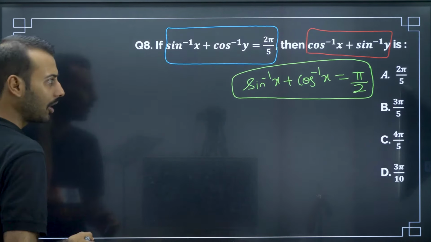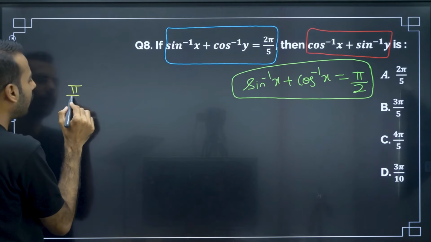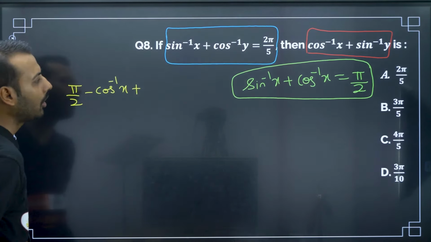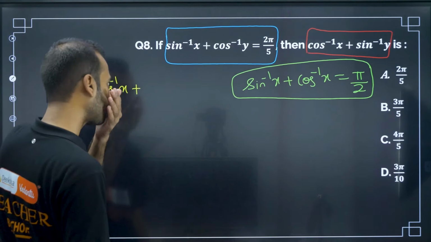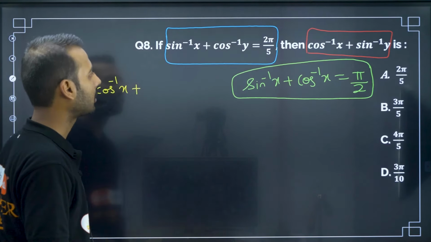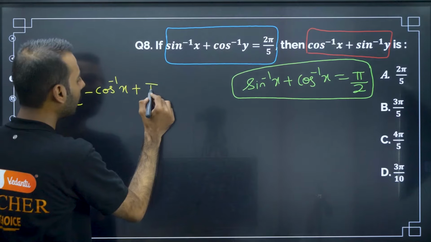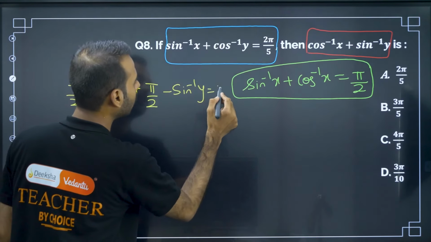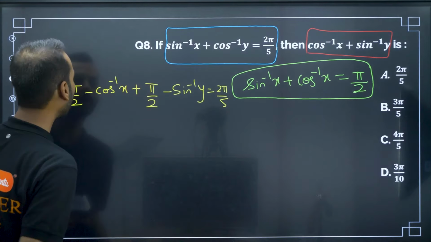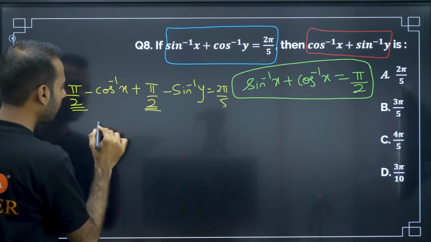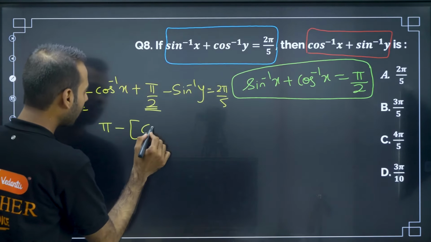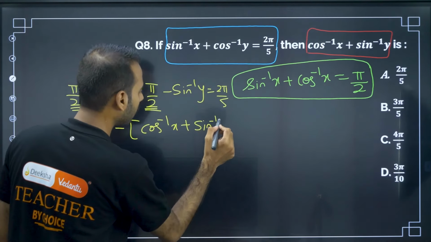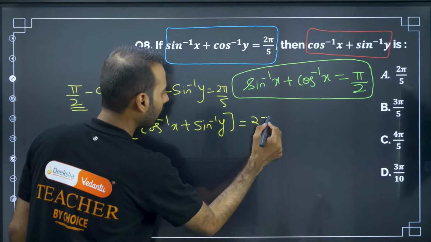In place of sin inverse x, I will write pi by 2 minus cos inverse x, plus in place of cos inverse y, I will write pi by 2 minus sin inverse y, is equal to 2 pi by 5. So pi minus cos inverse x plus sin inverse y is equal to 2 pi by 5.